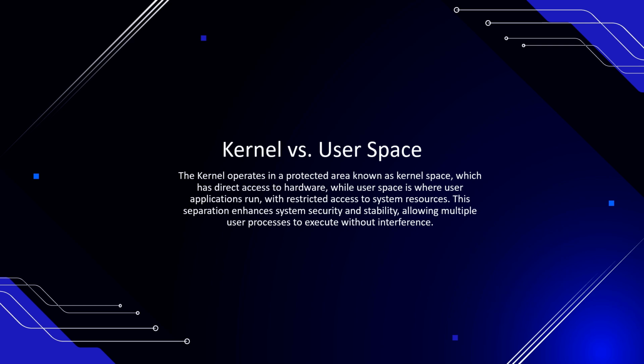This separation enhances system security and stability, allowing multiple user processes to execute without interference. I will summarize this. In fact, there is a protection between the user space and the kernel, which separates them. One is the kernel, which is very protected, and the other is the user space, with a restricted area to resources.